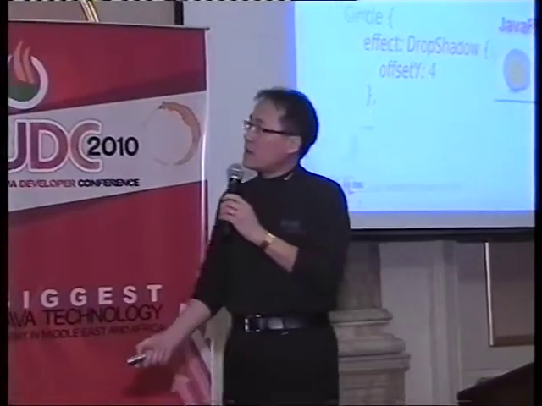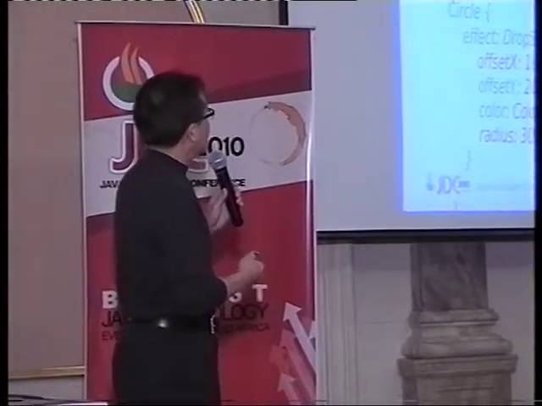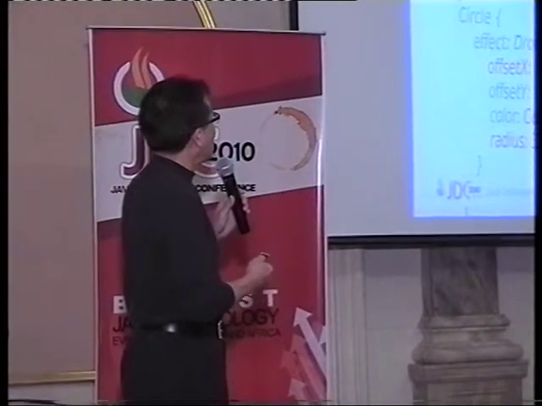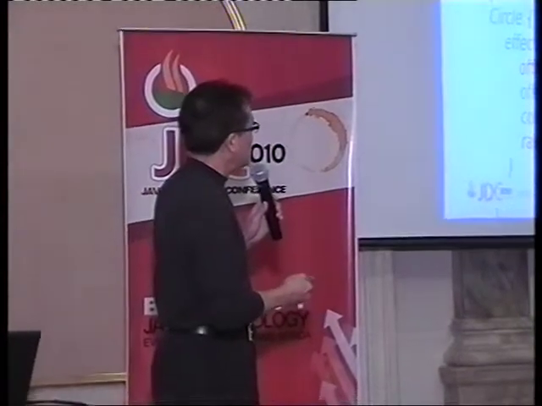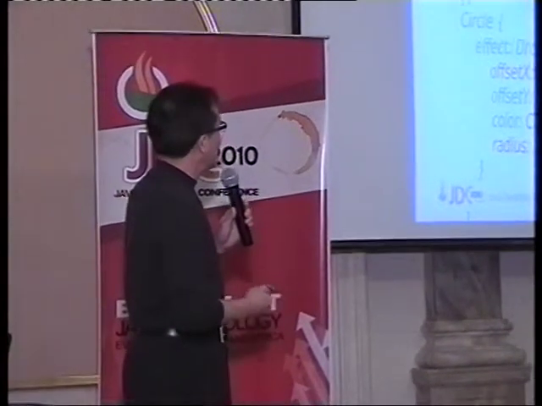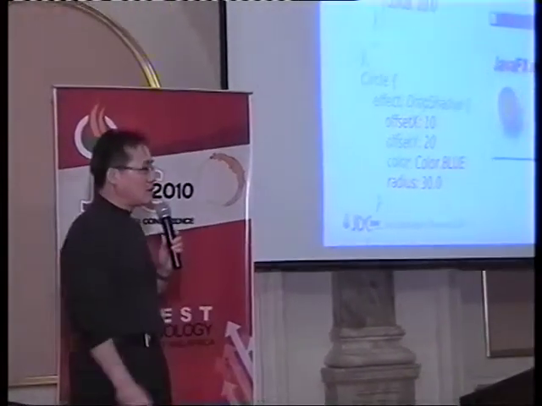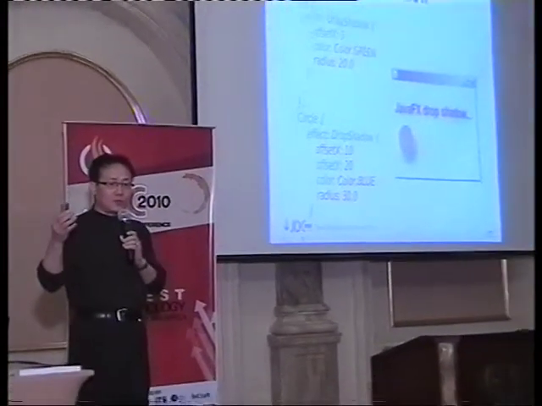So let's take a look at the next example. In this case, I'd like to change the color of the drop shadow effect of this text to green. So you can see there's a green color, right? And the radius is increased to 20, so you can see the radius of this drop shadow is increased to 20 pixels.